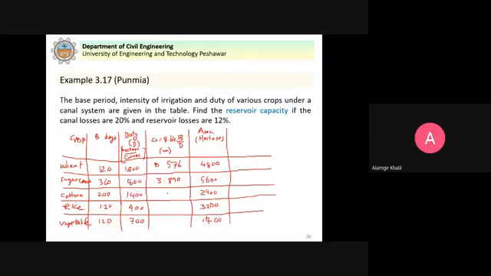Then for cotton, 1.234. For rice, it is 1.152. And for vegetable, it is 1.481. This is the delta in meter, the depth of water required for the entire crop period for these crops.